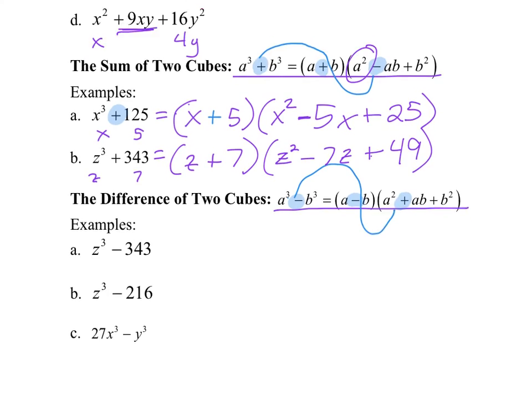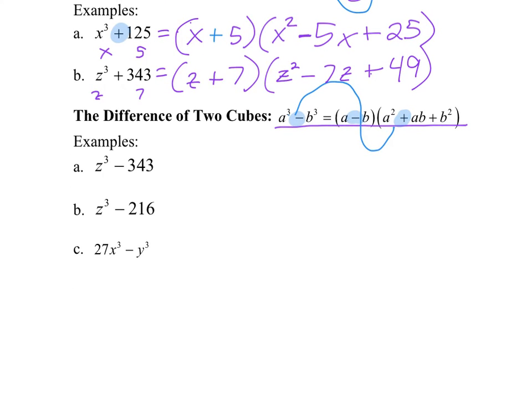Now we're going to do this with a difference of cubes. The cube root of z cubed gives me z. The cube root of 343 is 7. The cube root of 216 is 6, just so you know.